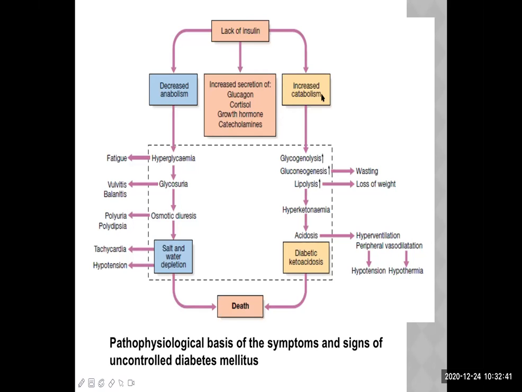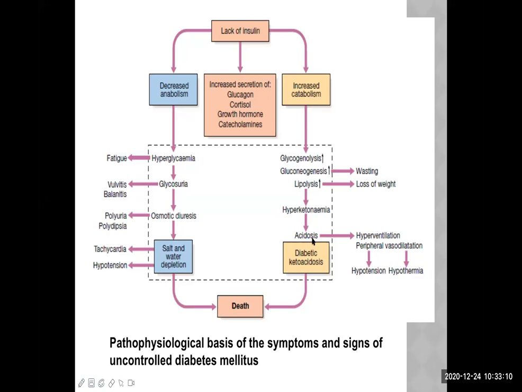Now, increased catabolism means glycogenolysis is increased, gluconeogenesis is increased, and lipolysis is increased, which results in formation of ketone bodies. Hyperketonemia is excessive ketone bodies in the blood. Now, those ketone bodies are keto acids, so they will cause metabolic acidosis.